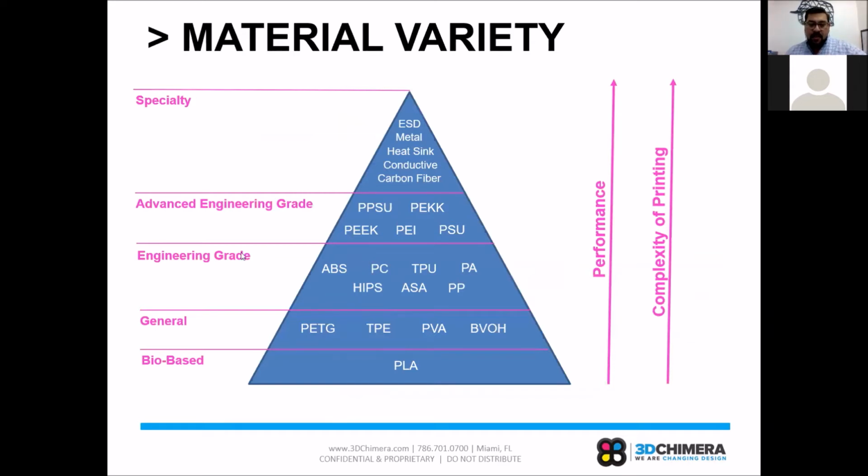As we move up the pyramid, the engineering grade materials are where a lot of our customers are focused. These are going to be like your ABS materials, your polycarbonates, your TPUs, your PAs, which is nylon, your HIPS, ASA, polypropylene.